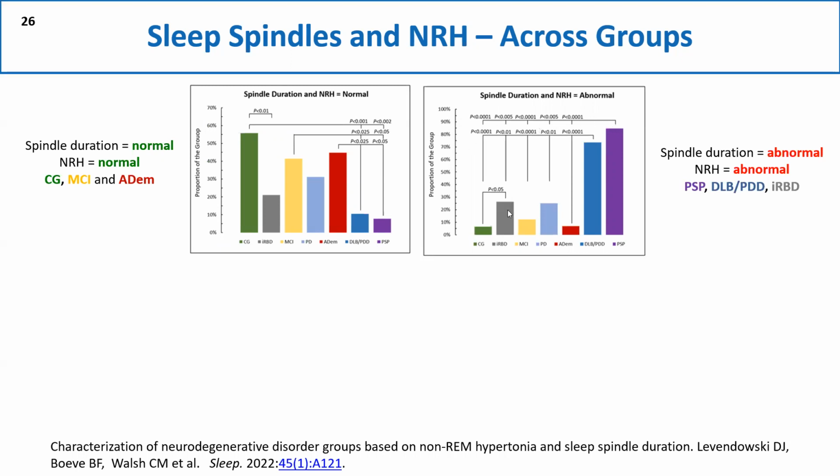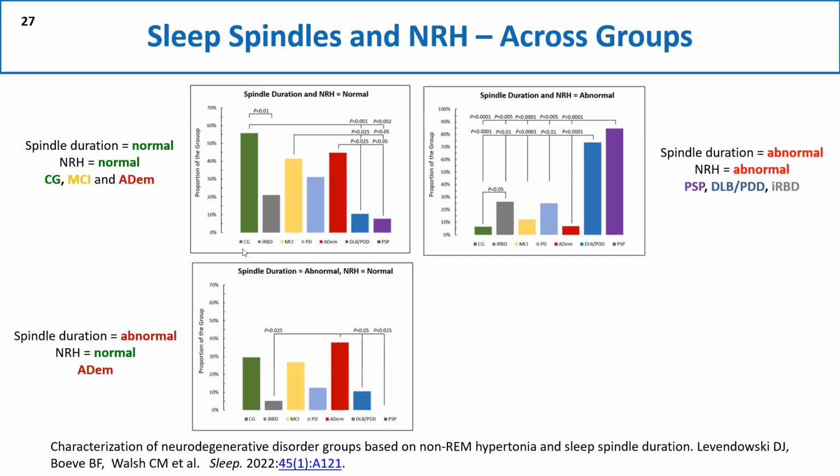But we also see that the RBD group has a significantly greater proportion that are abnormal compared to the control group. And when we look at the abnormal spindle duration and normal non-REM hypertonia, this group is primarily characterized by the ADs, where those that have abnormal spindles but normal non-REM hypertonia are significantly greater than the DLB and PSP, but also the RBDs.